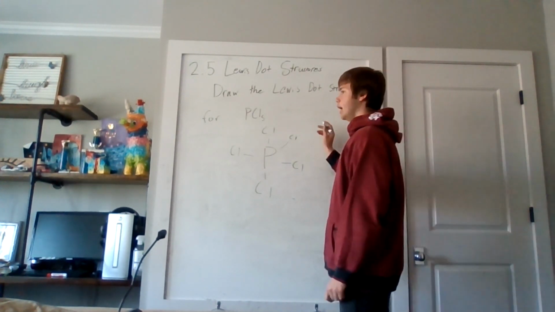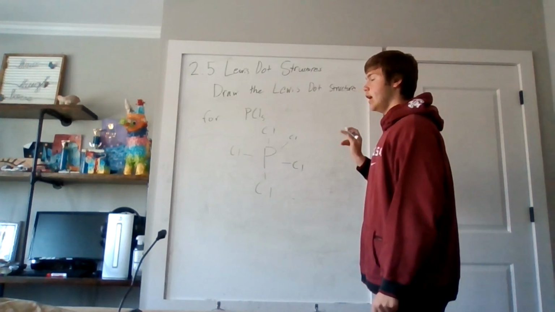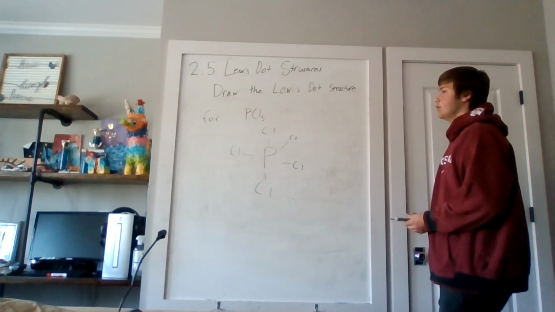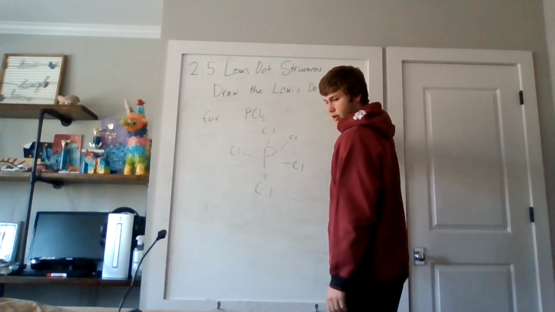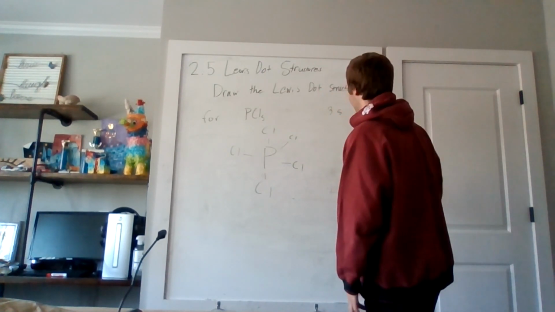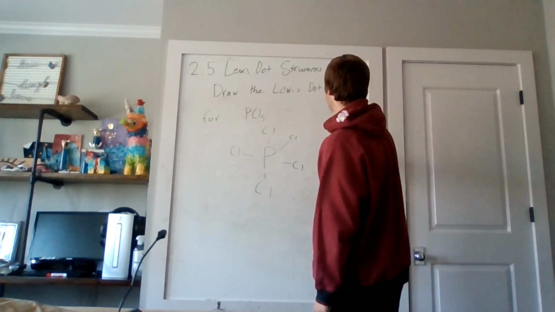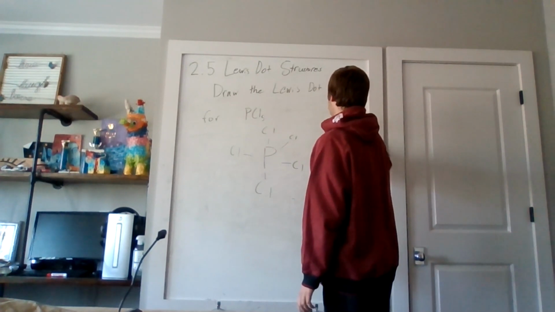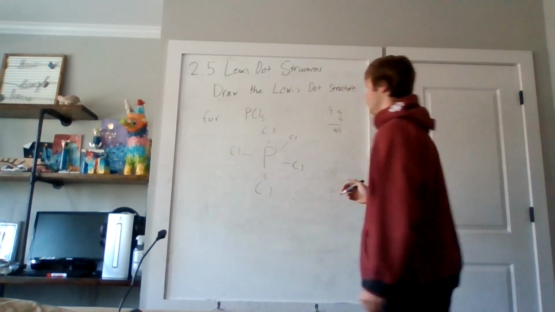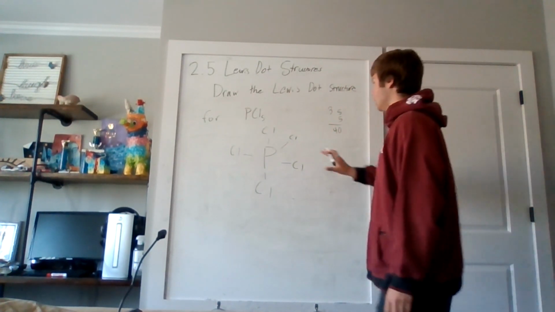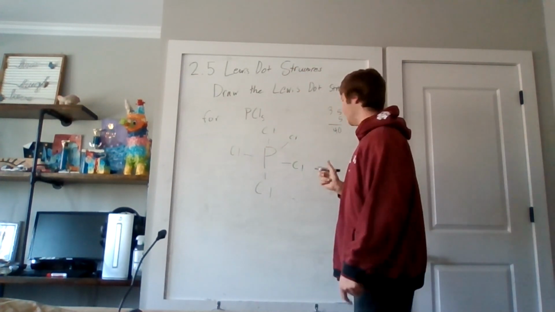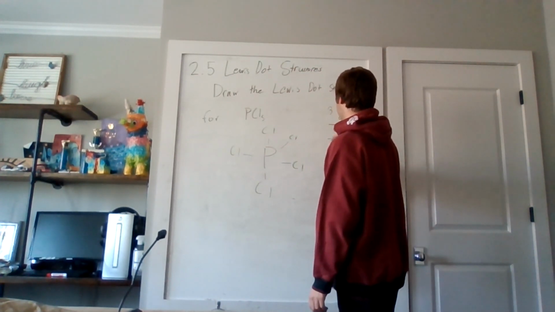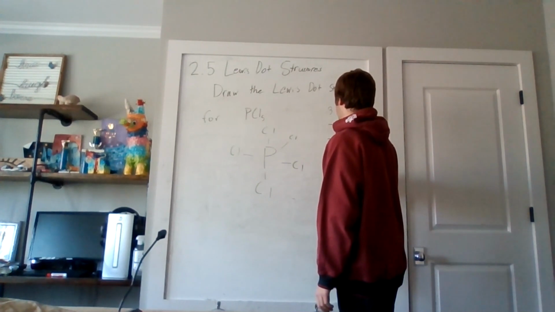So chlorine has 7, and we have 5 chlorines, so that's 35 from chlorine, and phosphorus has 5, for a total of 40 valence electrons. So we already have 5 single bonds, so we subtract 10 and we get 30 to distribute.